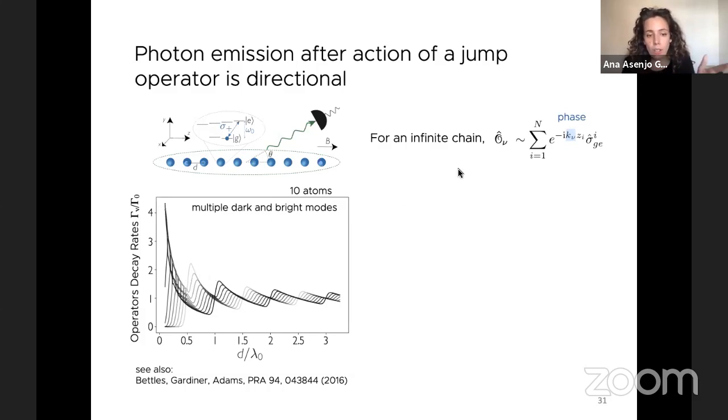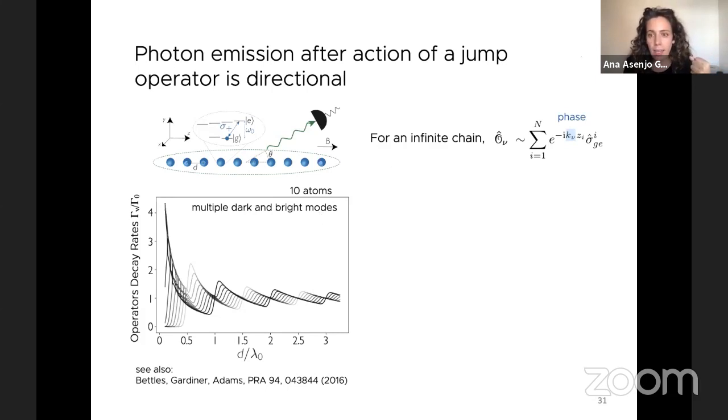As we can see, for a given distance we have a bunch of dark states and a bunch of bright states. For distances approaching or below the critical distance, lambda over 2, we have a lot of very dark states and some very bright states.